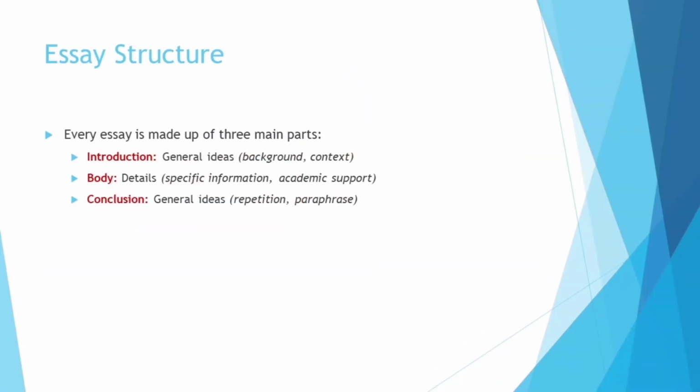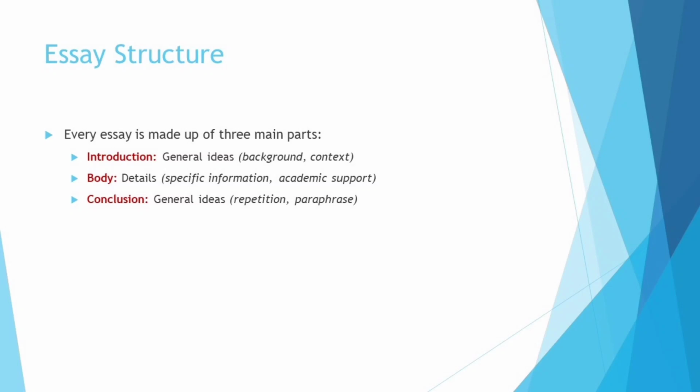The reason why we always have three parts, the introduction, the body, and the conclusion in an essay, is how the human brain works. It is really difficult for the human brain to understand details and new information immediately without any preparation. And that is why we need an introduction at the beginning of the essay in which we discuss general ideas. We give some kind of background, we discuss the context in which something happens.